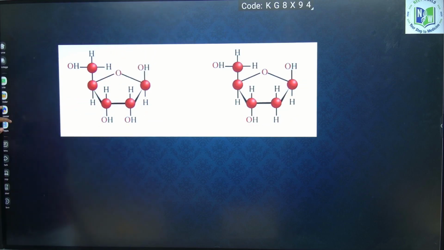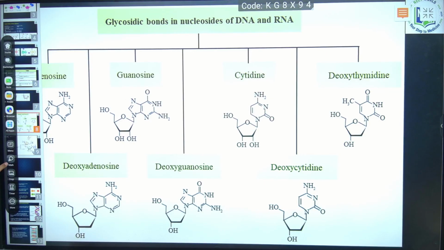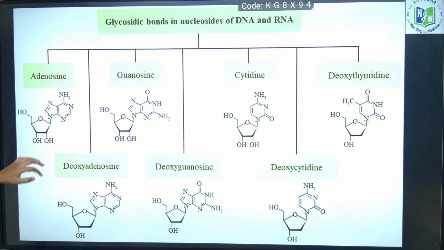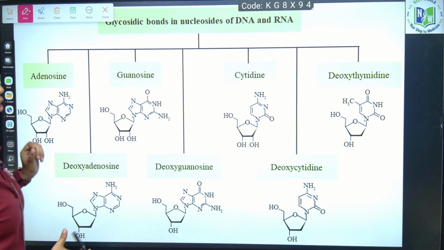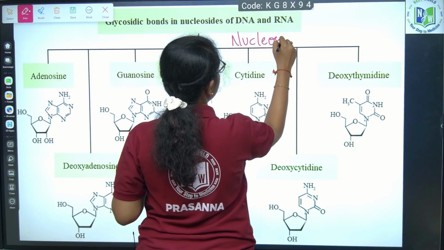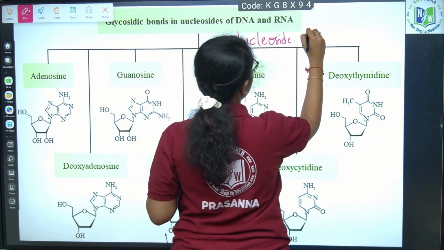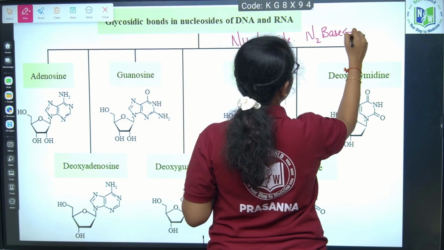Next, if you see nucleoside formation, how is a nucleoside formed? A nucleoside is nothing but attachment of nitrogen base with sugar.